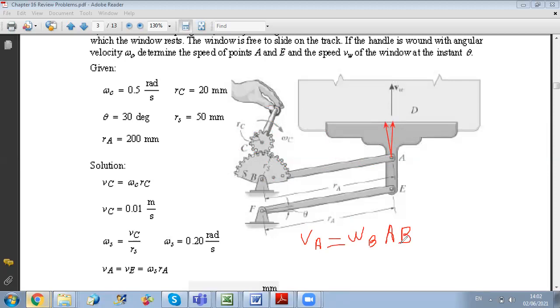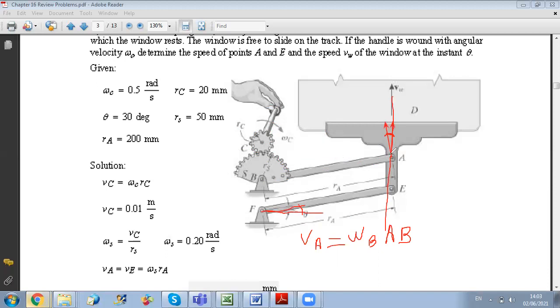Now, in order to project, we should know this angle. If you look at your figure, they gave us the angle theta between the horizontal and the arm. This is theta. As you can see, the window velocity is vertical, perpendicular to the horizontal, while the velocity of A is perpendicular to arm AB.